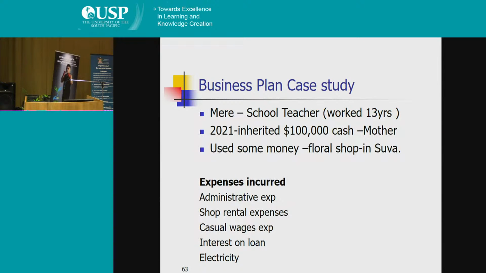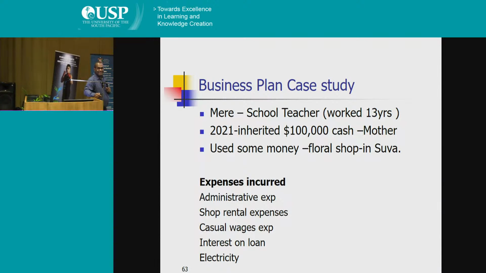Because she used only some of the money, not the 100,000. Some of us want to use all the money. Why? To be seen. Don't do that. Because once you go down the drain and your business collapses, those who were boasting about you will be 100 meters away from you.